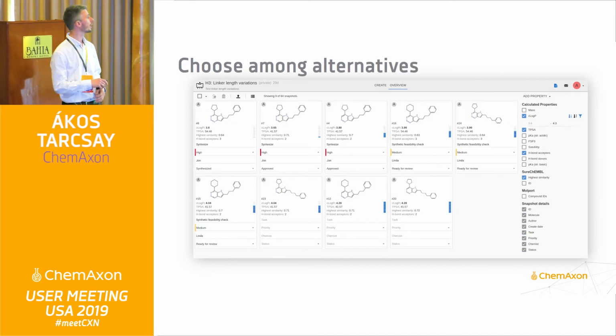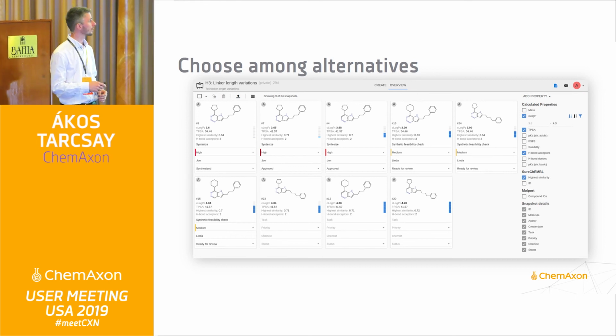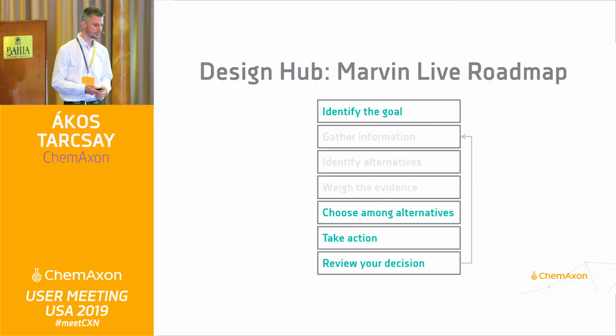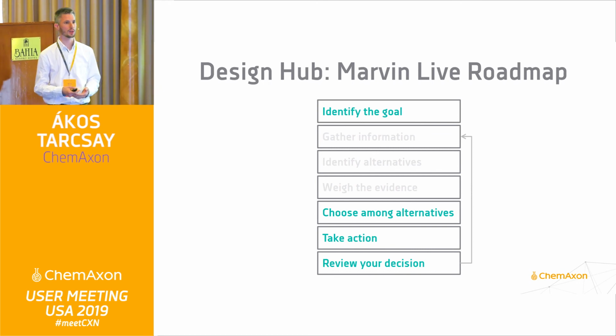Or you can also visualize them in a so-called card view, in a rank-ordered and filtered way as well. So that was about gathering information and about the current capabilities.